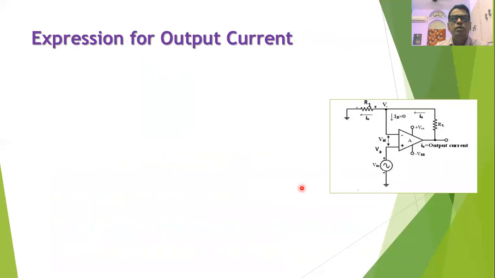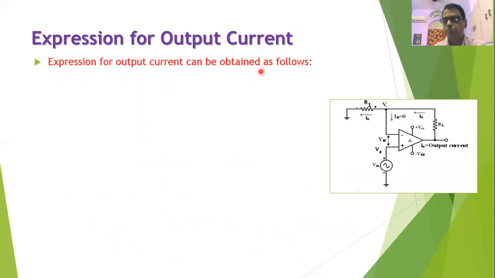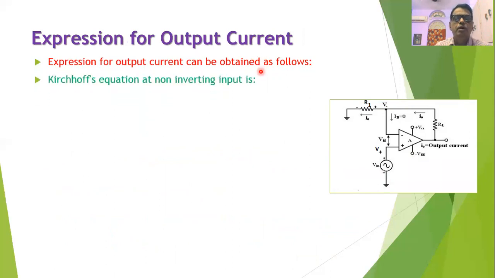And therefore we can say that this circuit works as a voltage to current converter. Now to obtain the expression for the output current, we will analyze the circuit. The first equation that we will write is the Kirchhoff's equation at the non-inverting input.